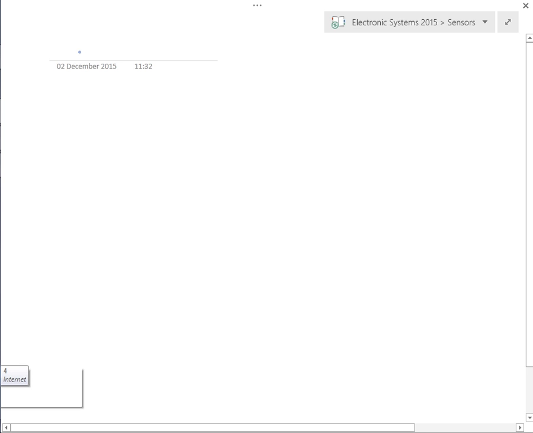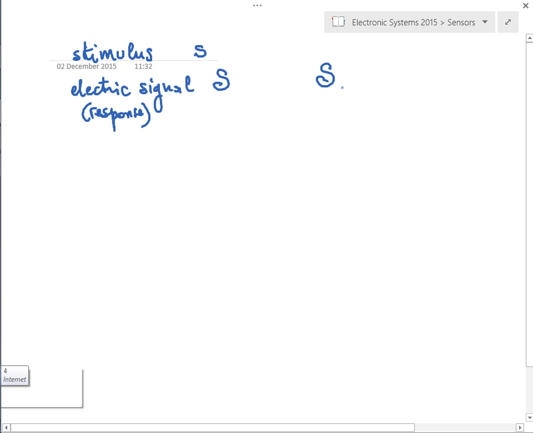We have a stimulus, let's call it small s, and we have an electric signal as a response, and we call it with a large S. This is the response. Then the two things are related by a function f, which is called transfer function.